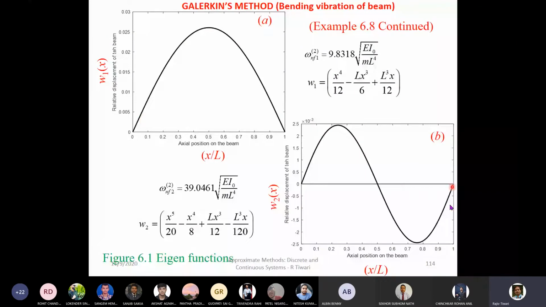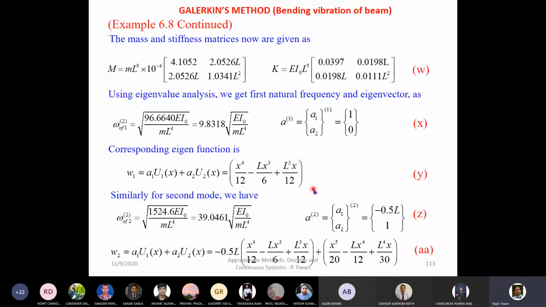Here, we have taken only two terms. If we want more accuracy or a larger number of natural frequencies, then we need to take 3 terms or 4 terms. So we need to choose 3 comparison functions or 4 comparison functions.